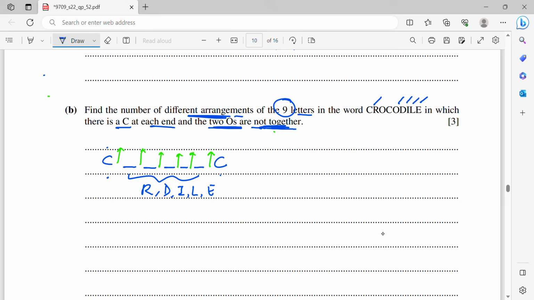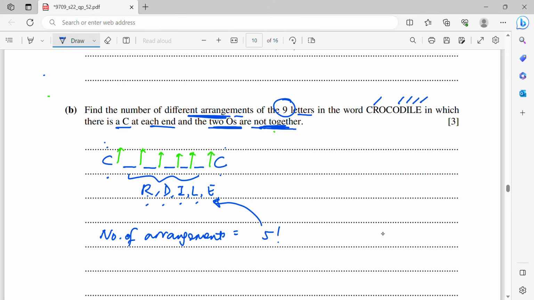The C's are already fixed, no need to arrange because they are at each end. So now I just need to arrange these 5 letters, R, D, I, L, E. Therefore, my number of arrangements will be 5 factorial. This 5 factorial is to arrange R, D, I, L, E.